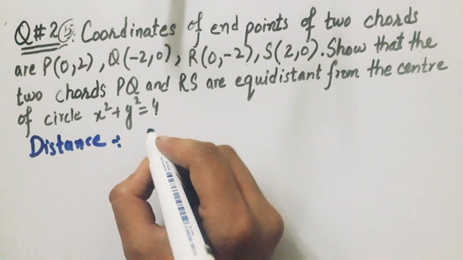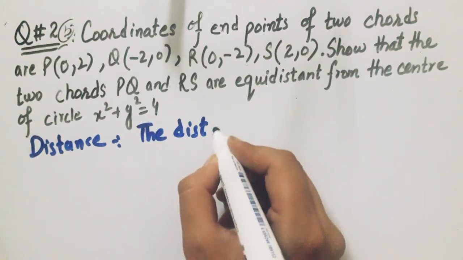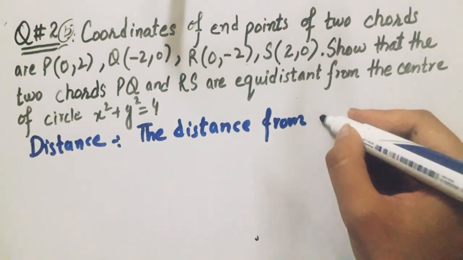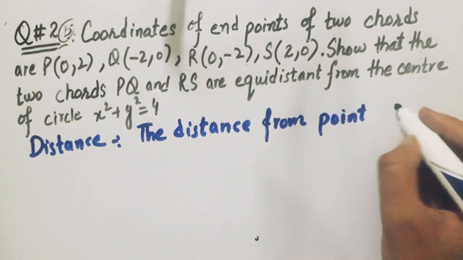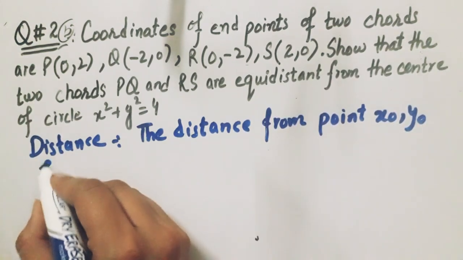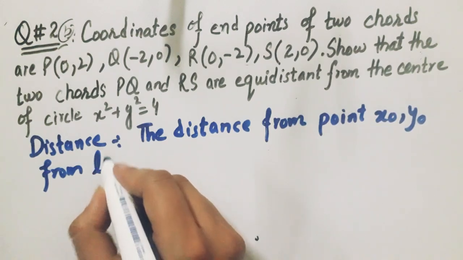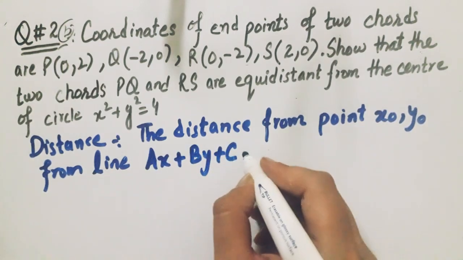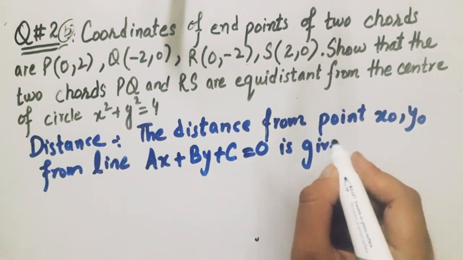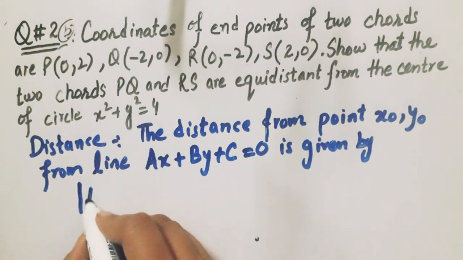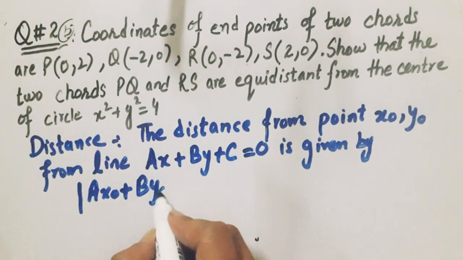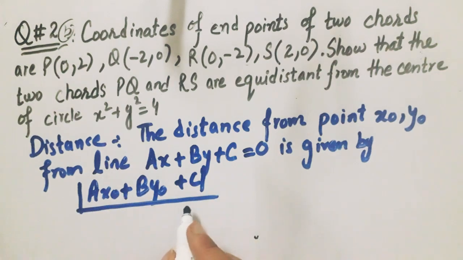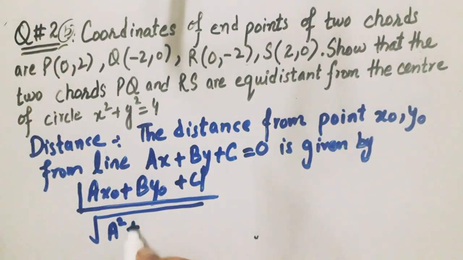So the distance from a point x naught and y naught from line ax plus by plus c is equal to 0 is given by the formula: mod of a x naught plus b y naught plus c, and divide this by square root of a square plus b square.